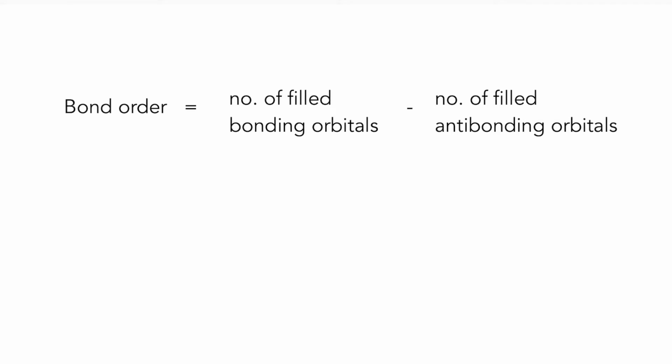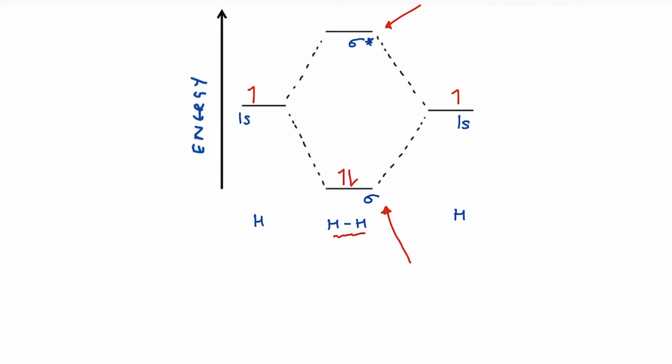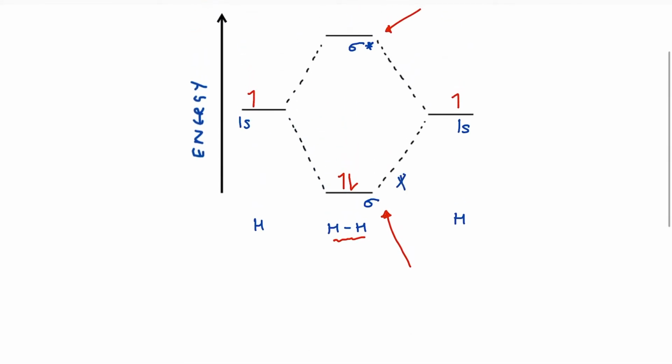We can calculate the bond order from molecular orbital theory by subtracting the number of filled antibonding orbitals from the number of filled bonding orbitals. So let's have a look at that for hydrogen. For hydrogen, I have a filled bonding orbital and I don't have any filled antibonding orbitals.